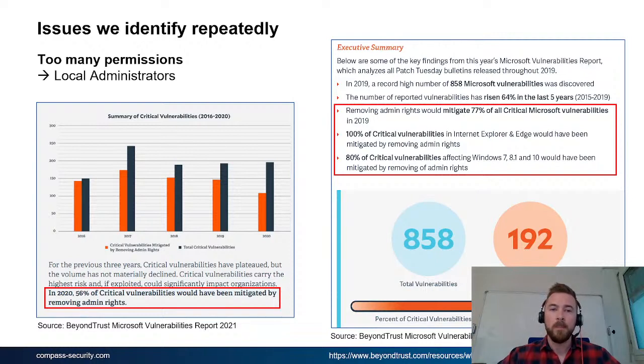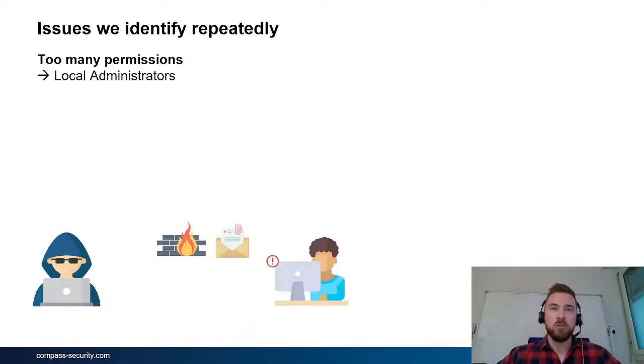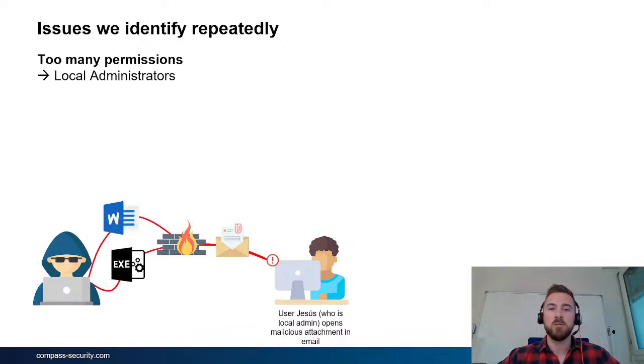Another issue with that is when users have local admin rights. Let's say you have here user Jesus, who is local admin on his machine, and now he opens a phishing mail or an attachment in a phishing mail, and this triggers a connection back to the attacker.